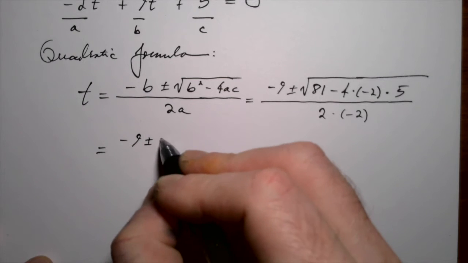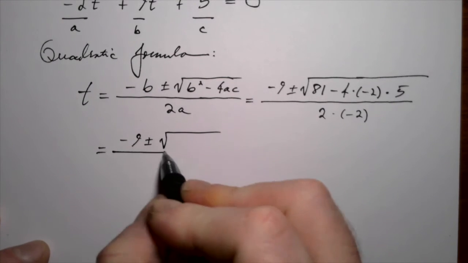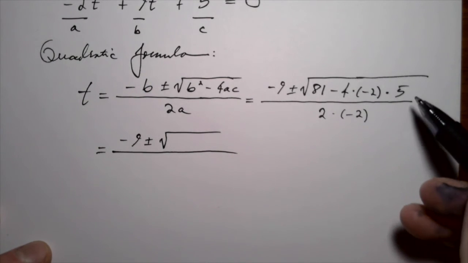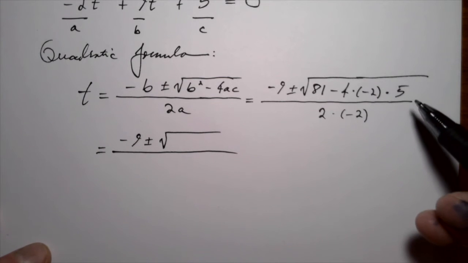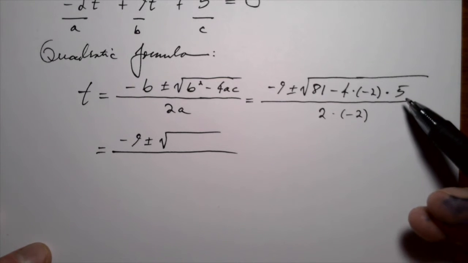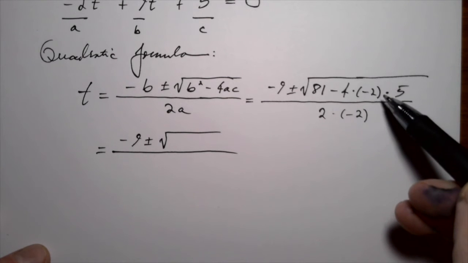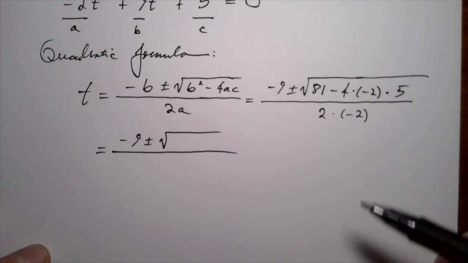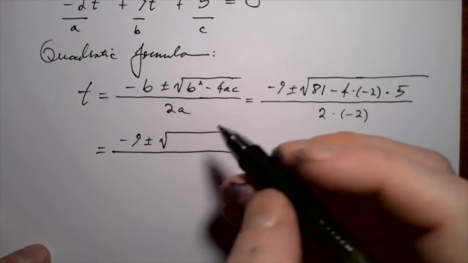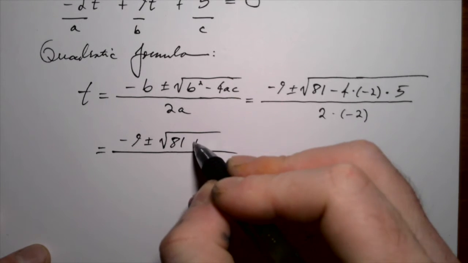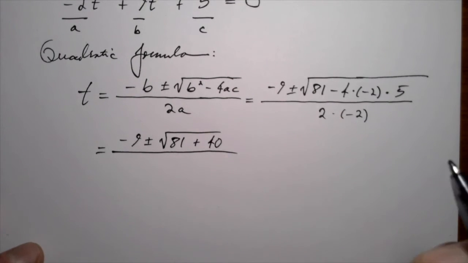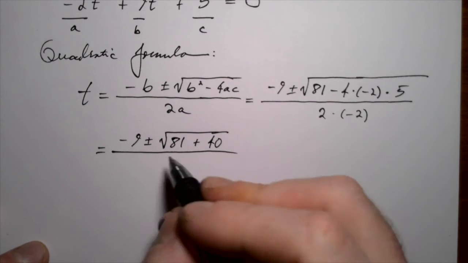So that big messy formula is going to give us the solution, the time where the mug hits the ground. Let's simplify. Underneath the square root, we have 81 minus 4 times minus 2 times 5. 4 times minus 2, that's minus 8. And if we multiply by 5, we'll have minus 40. But there's 2 minus signs, so that's going to be 81 plus 40. 2 wrongs make a right.